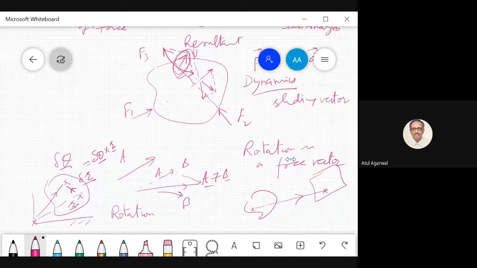So this is little advanced stuff. Delta r is equal to delta theta cross r. So here, by process of rotation, this tells you the displacement caused due to process of rotation.